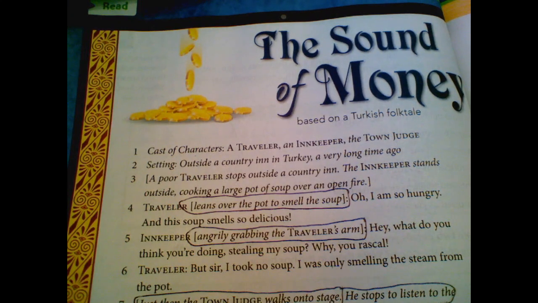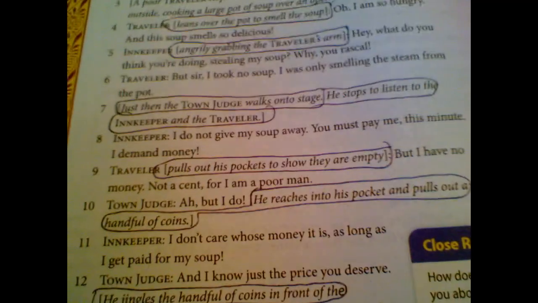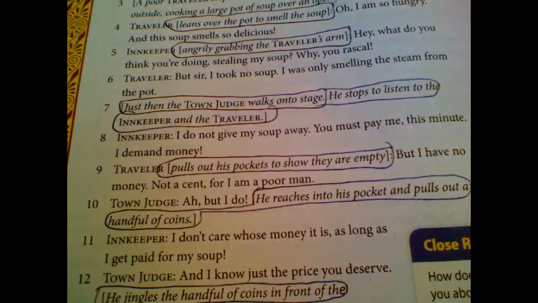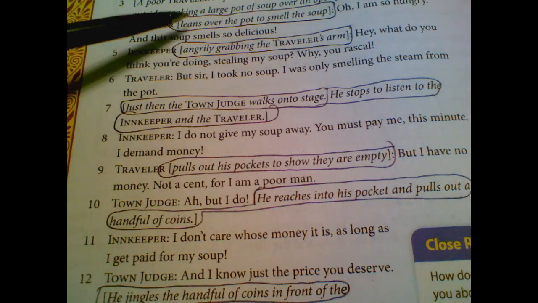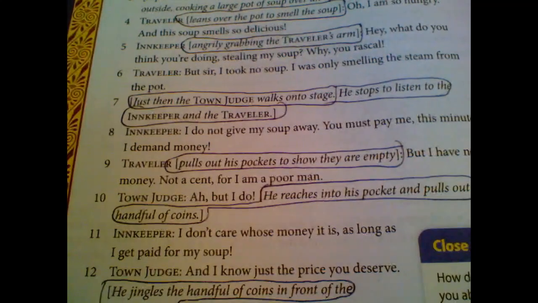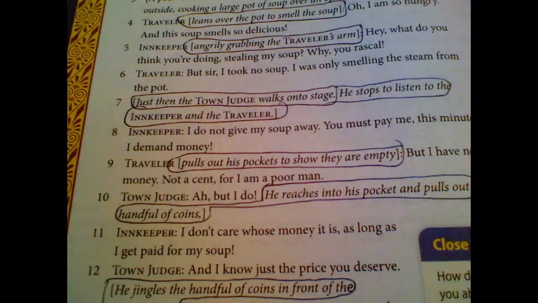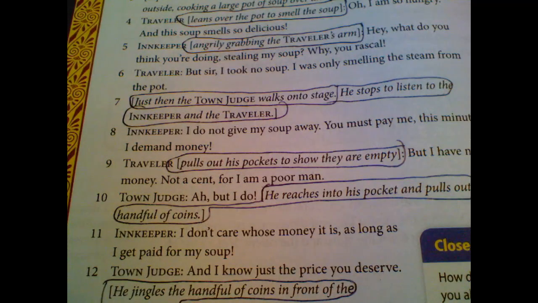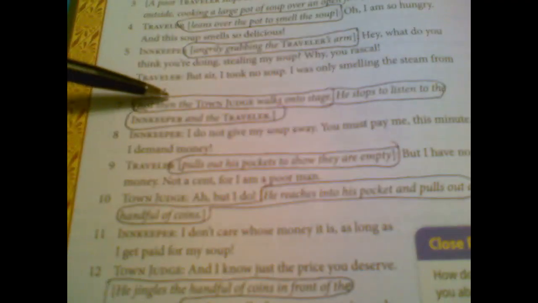All right, boys and girls, so let's look back at our first example of text, The Sound of Money. In this one we were to circle details that tell how the characters act, so our stage directions. I circled several examples of stage directions. Leans over the pot to smell the soup, angrily grabs the traveler's arm. Just then, the town judge walks onto stage.